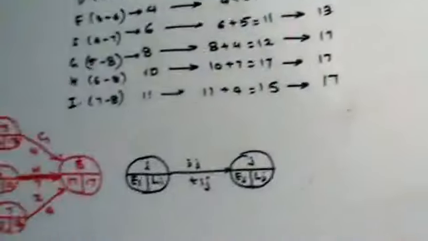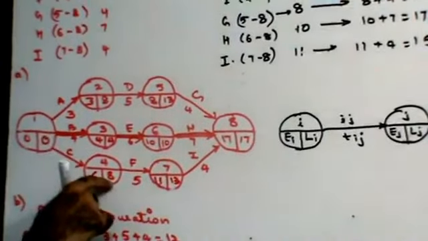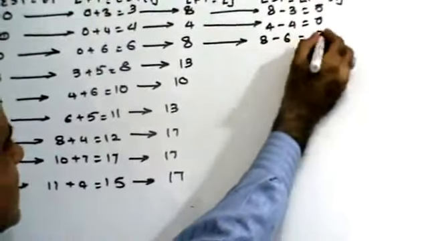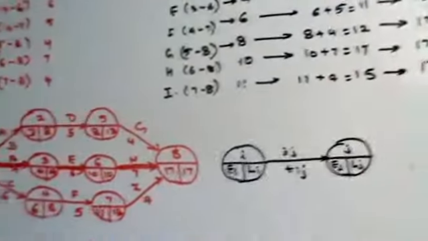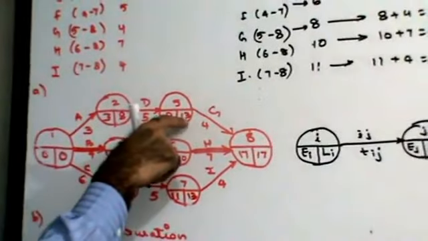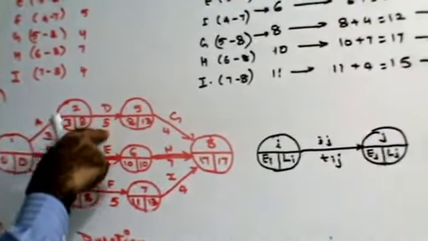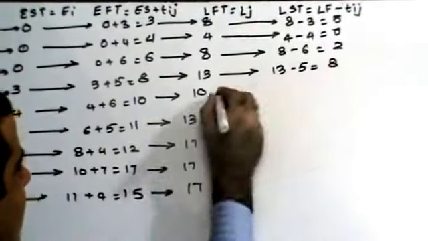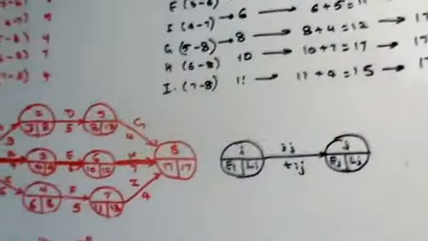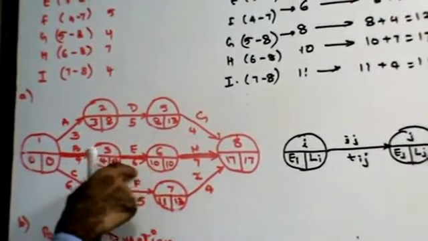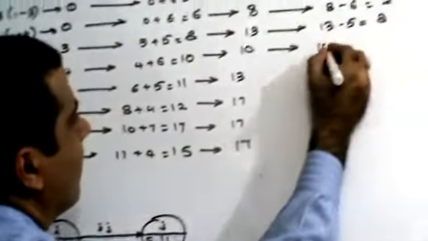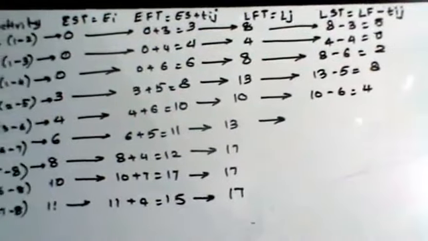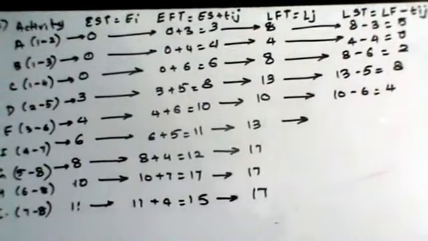For activity C, it is 8 minus 6, 2. For activity D, it is 13 minus 5, that is 8. For activity E, it is 10 minus 6, 4. For activity F, it is 13 minus 5.